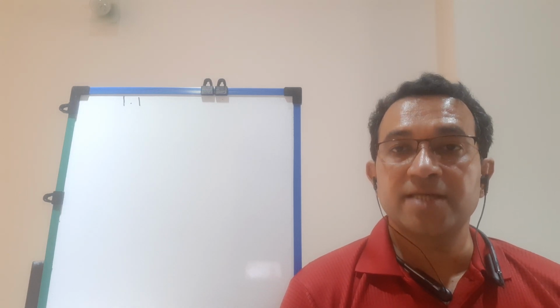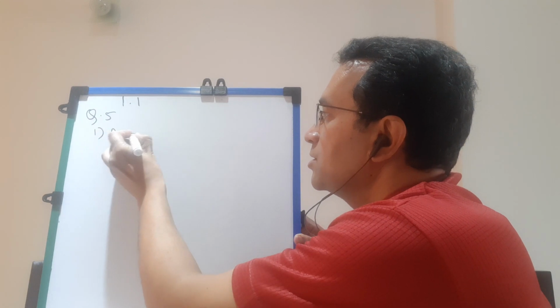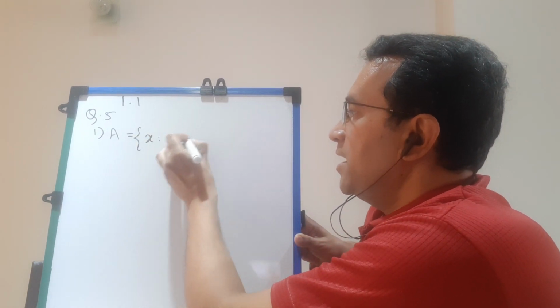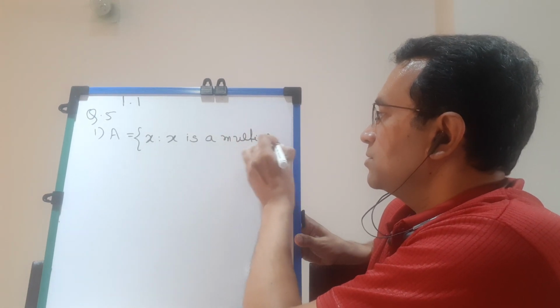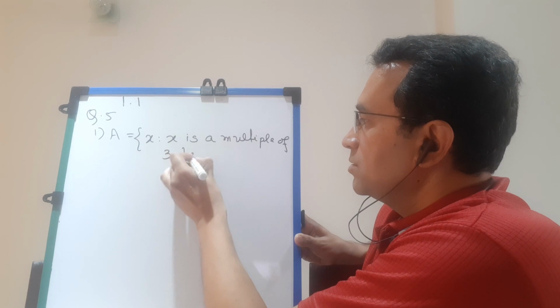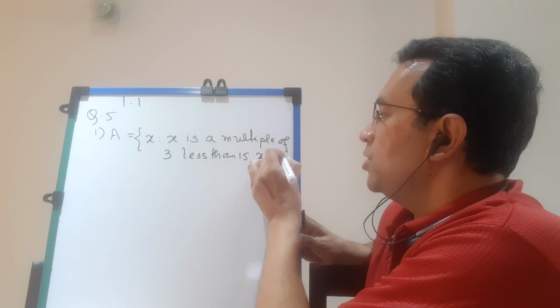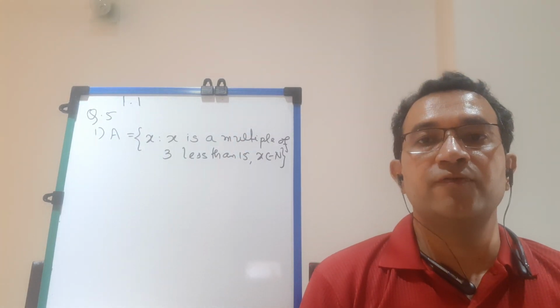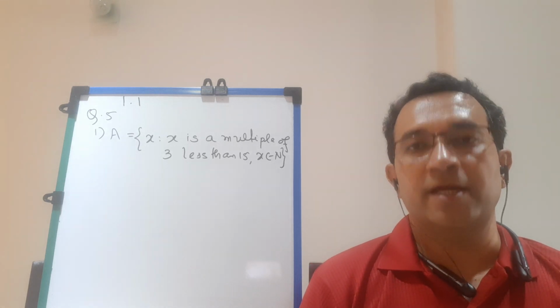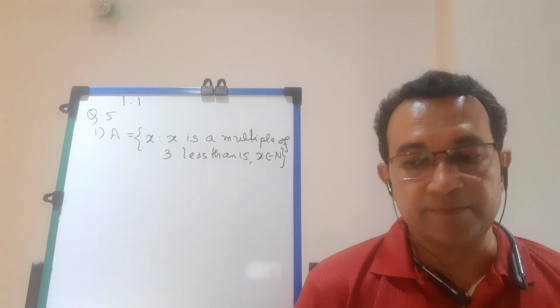So when I write this set in set builder form, the answer to the first question is: set A is equal to x such that x is a multiple of 3, less than 15, and definitely x belongs to N. So multiples of 3 less than 15 are 3, 6, 9 and 12.